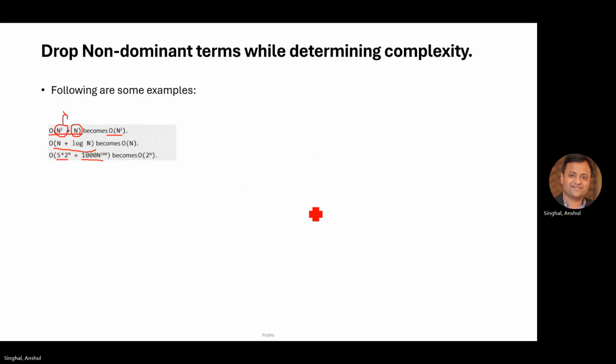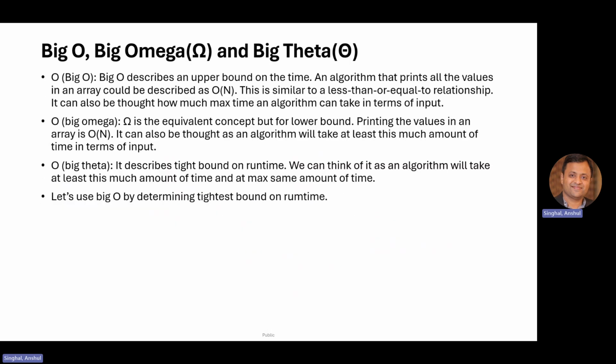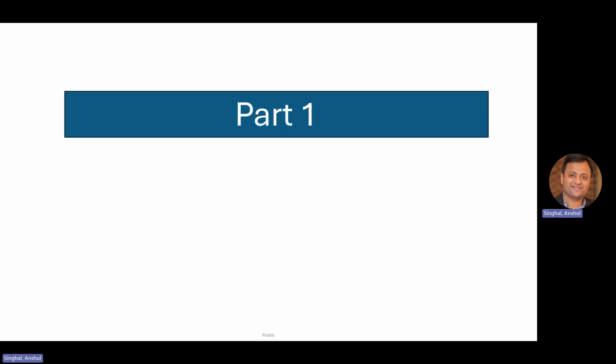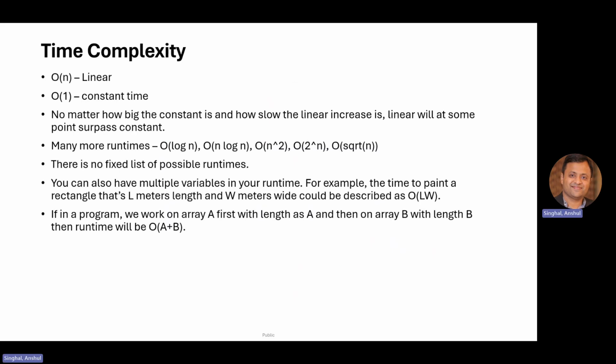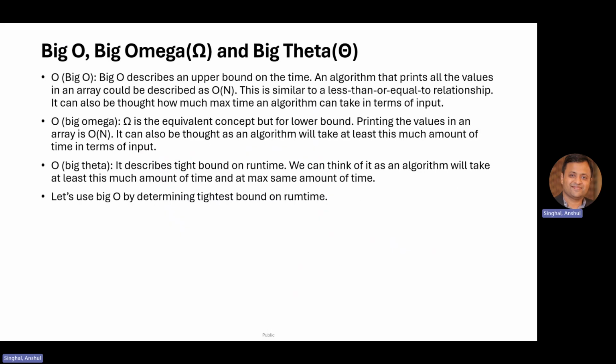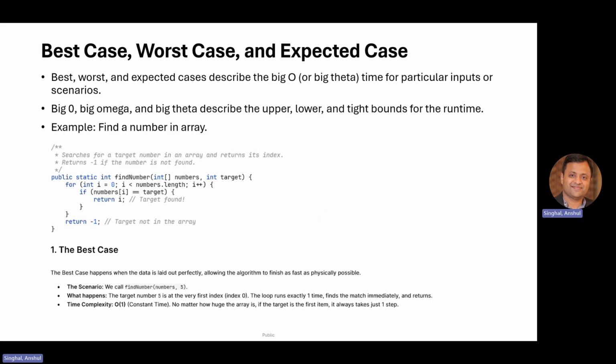Okay. So overall, what we have covered so far, let me just quickly go through. What big O is, then time complexity and the most commonly used time complexities. Then big O, big omega, big theta. Then best case, worst case, and expected case.